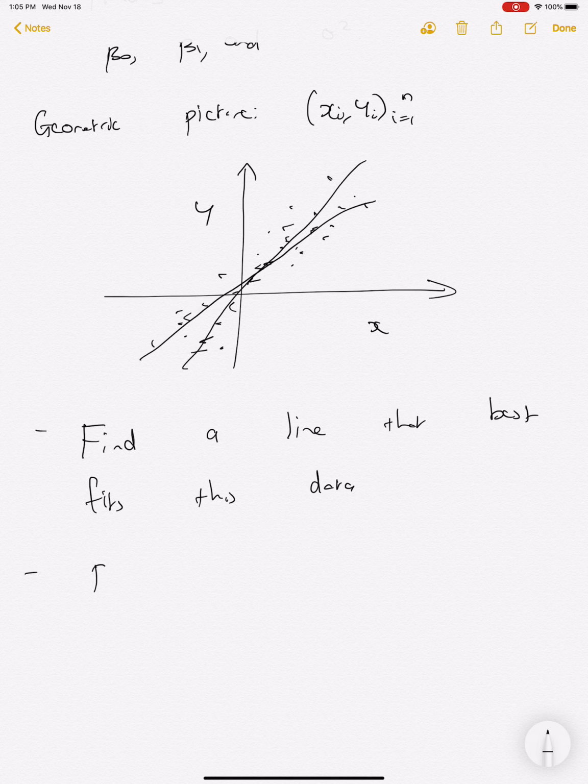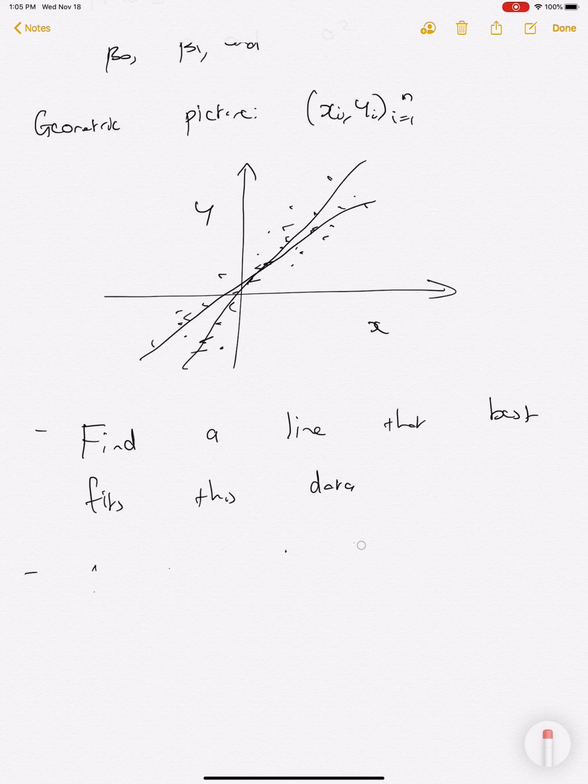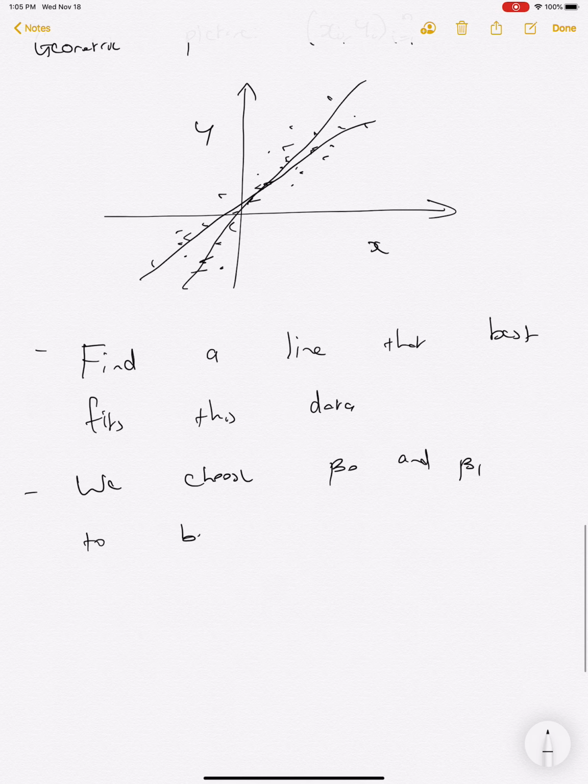So the idea is that beta 0 and beta 1 determine the line, and we choose beta 0 and beta 1 to be the best linear fit of the data.